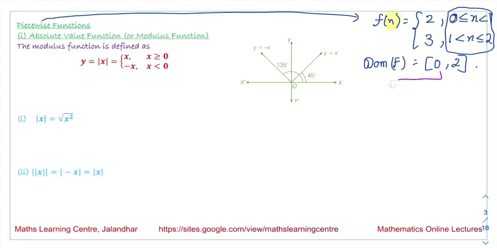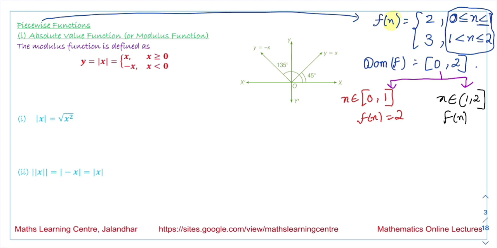If x belongs to 0 to 1, then the value of f(x) is equal to 2. And if x belongs to 1 to 2, f(x) is equal to 3.